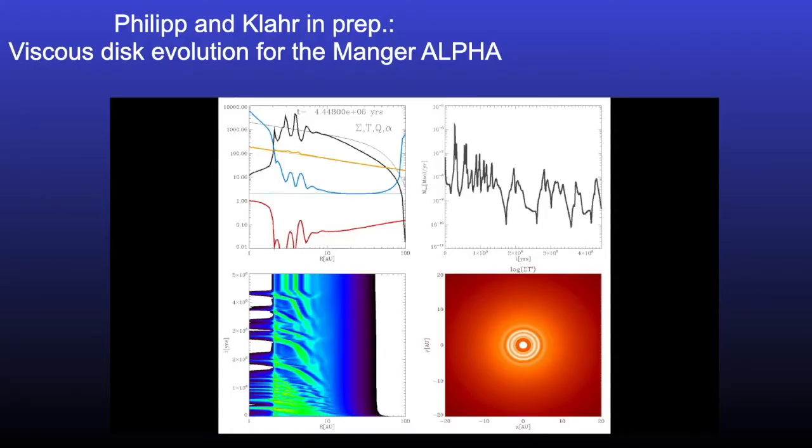So what you see here is now a 1D viscous evolution simulation in which the alpha value, this is the red line here, the deviation from the standard value of 10 to minus 3, is calculated based on the local temperature gradient and based on the local H over R.